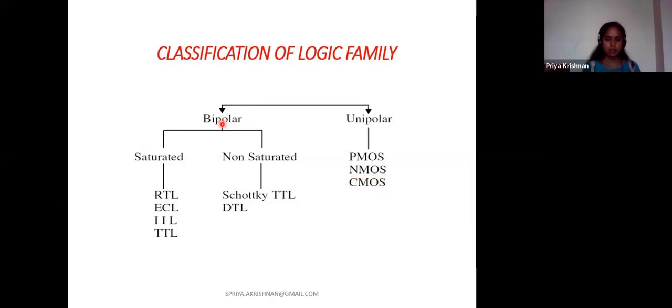And in bipolar, we have saturated and non-saturated. In saturated, we have RTL, resistor transistor logic, where L stands for logic, emitter coupled logic, integrated injection logic, and transistor to transistor logic. And in non-saturated, we have Schottky TTL and diode transistor logic, DTL. So this is a simple classification of the logic families.